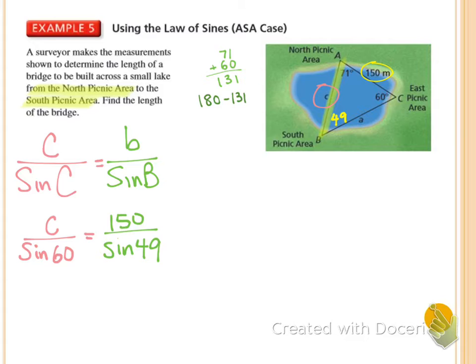So once you've set up this proportion, C is being divided by sine of 60. So we're going to multiply both sides by sine of 60. Is 60 the same as sine of 60? No. It is not. So make sure you type in sine.